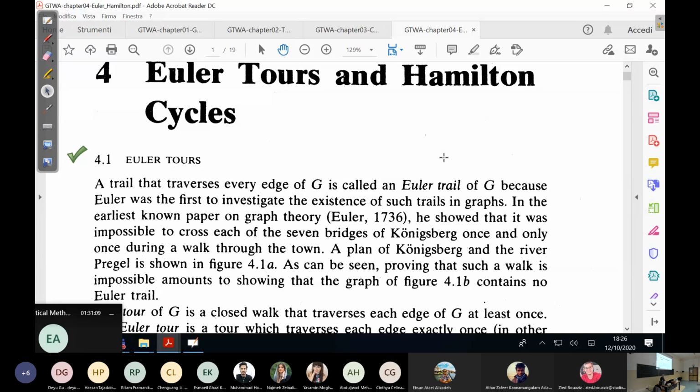a playground, so to say, in the sense that Euler tours came from a problem they were debating in the pubs of a town, Königsberg.